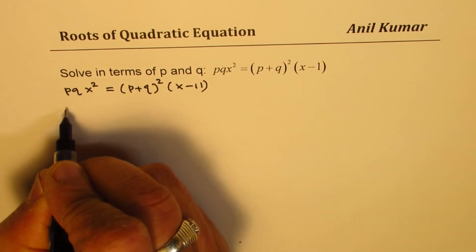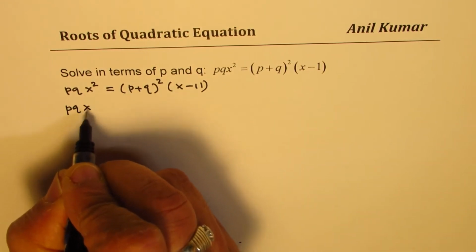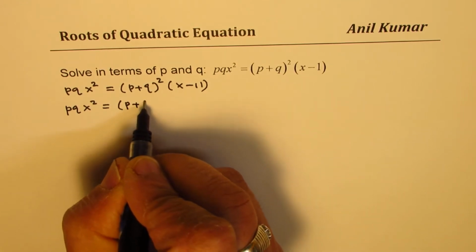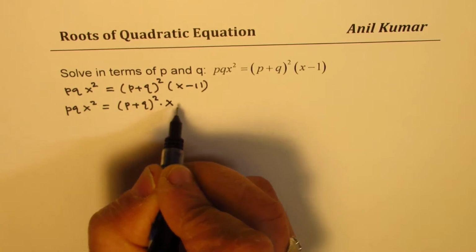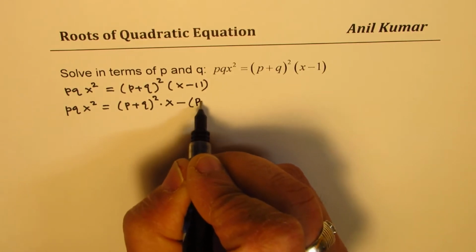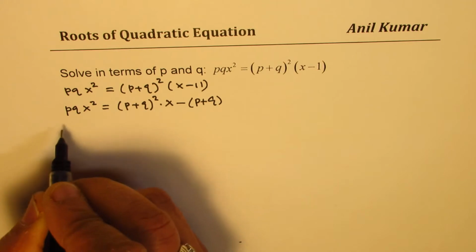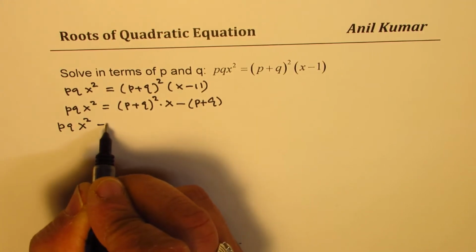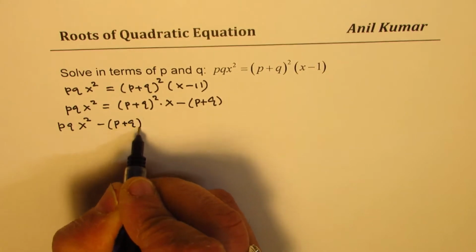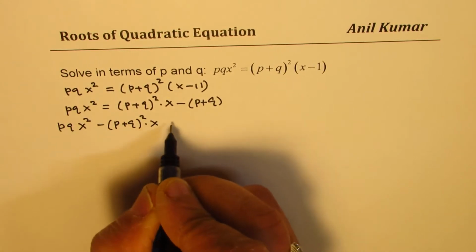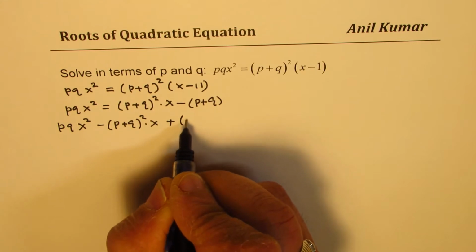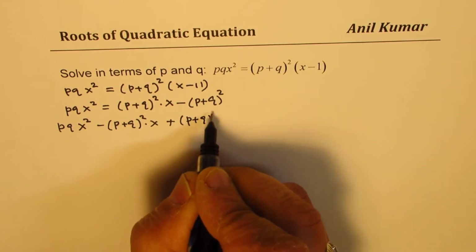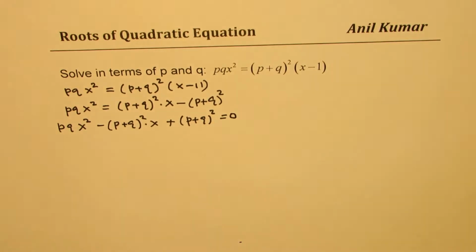If I open this, I get PQx² = (P+Q)² times x − (P+Q)². Bringing them together, we get our quadratic equation in x²: PQx² − (P+Q)²x + (P+Q)² = 0.